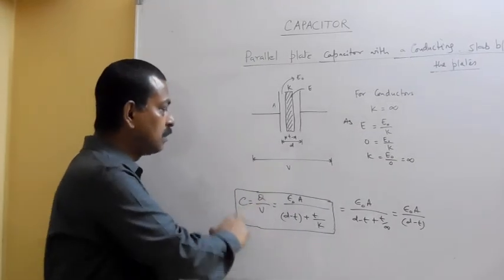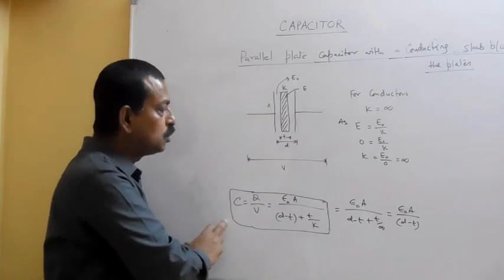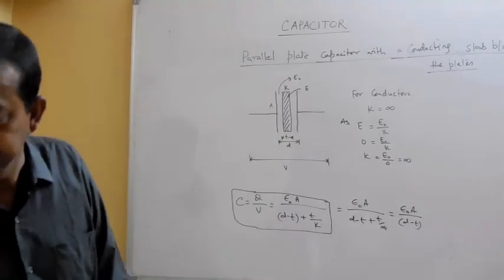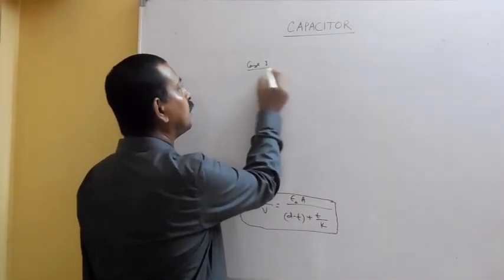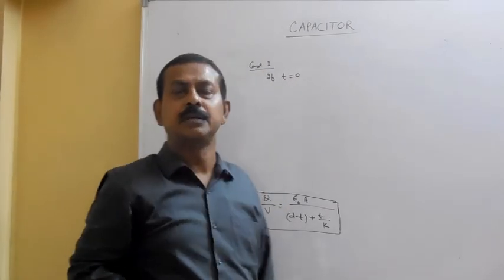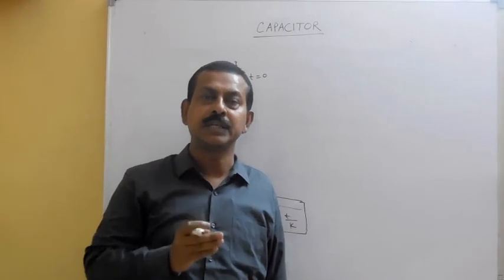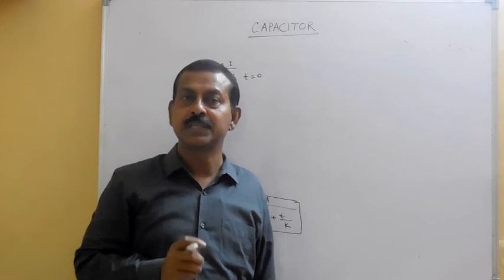Remember that this can be used for any case. That means we can use this as a general expression. Let's take case 1. If T is 0, the thickness of the dielectric slab is 0.